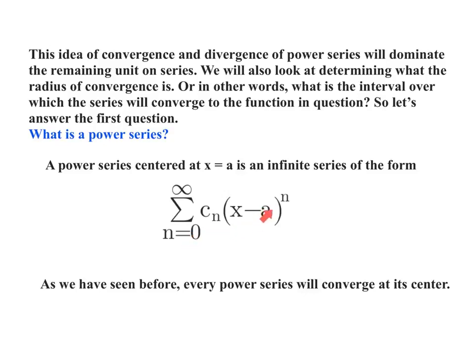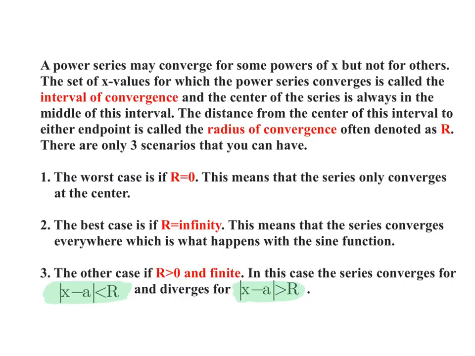This a value has to be the same value in every term in your series. So if it is a Maclaurin polynomial, a would be 0. And as we have seen before, every power series will converge at the center.